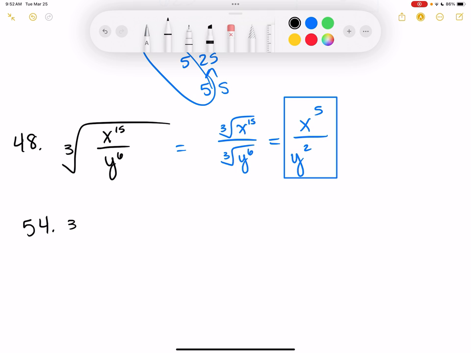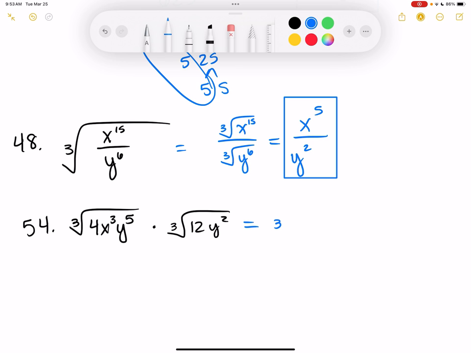3 cube root of 4x cubed y to the 5th times cube root of 12y squared. What do I get here? Alright. It just all goes in under the radical.